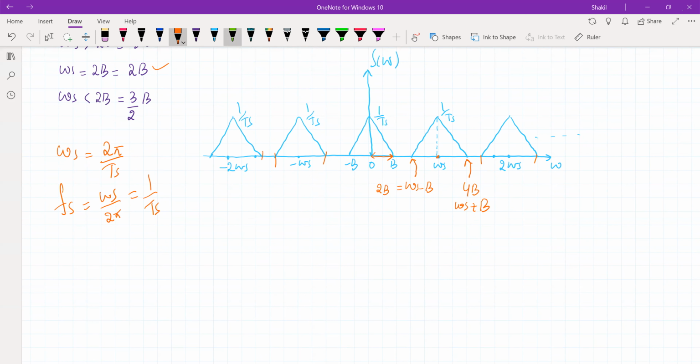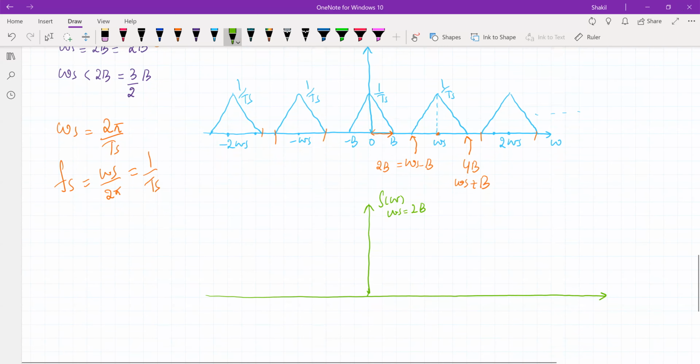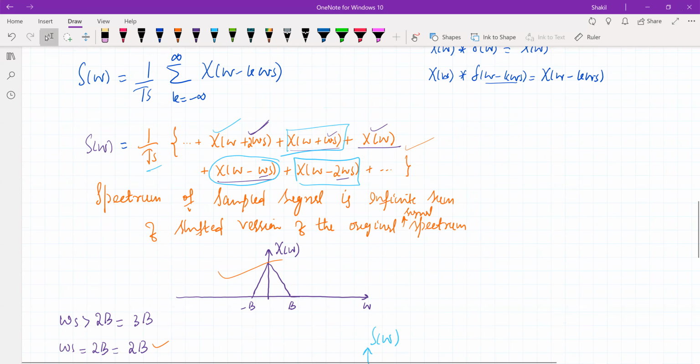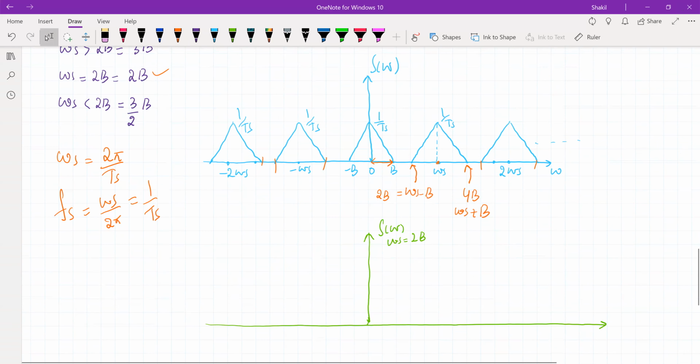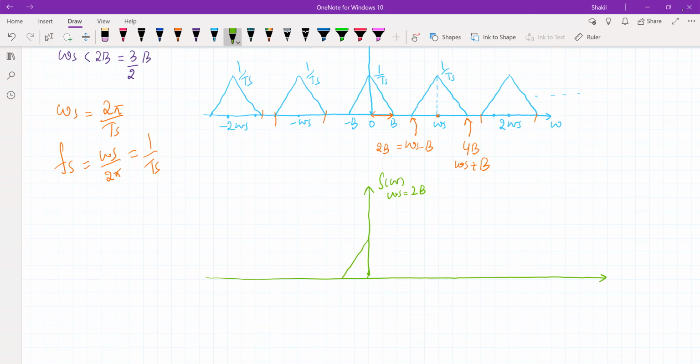So let's draw this for the second case. One more time, I'm not drawing these values using a scale, so you can check it yourself. Now this is s of omega when omega s is exactly equal to 2B. So the first component I have to draw is x of omega, which will be identical, the same as given to us in the original, and the maximum amplitude is 1 by Ts.